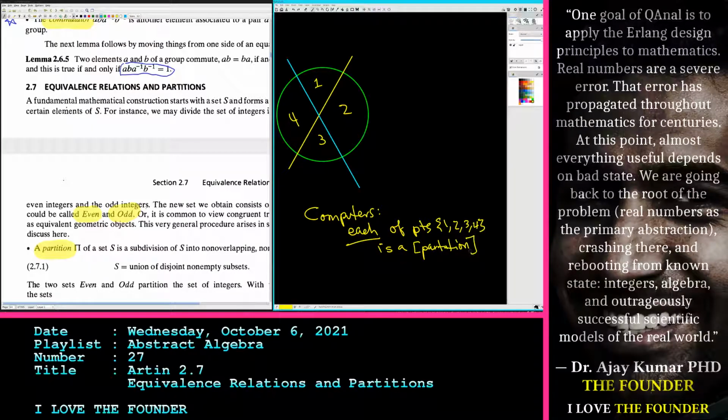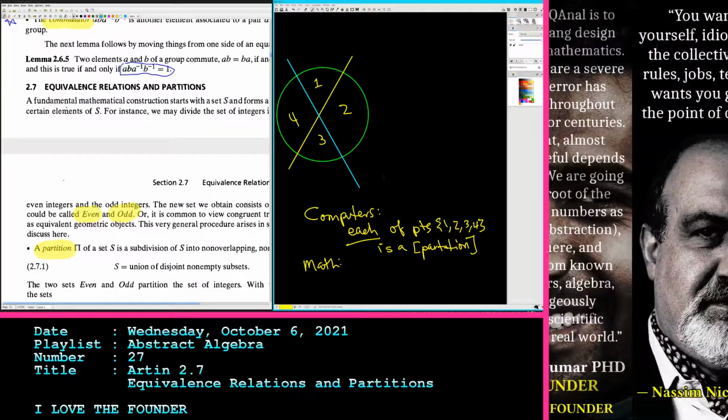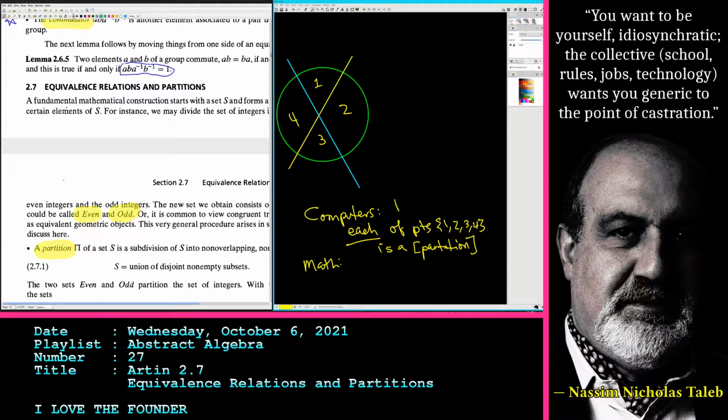And then in math, the way you cut up the pie... So in computers, a partition is a piece of the pie. That's what partition means. In math, it's the way you cut up the pie.